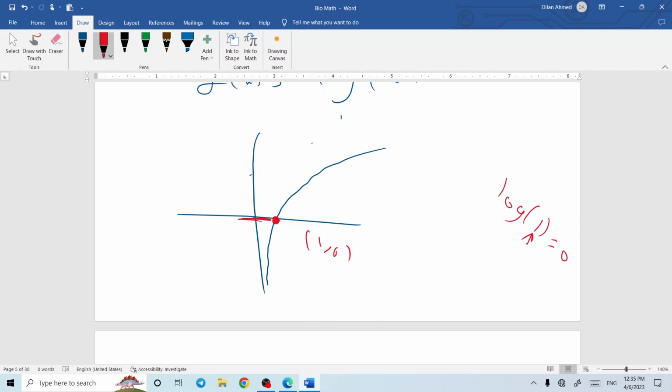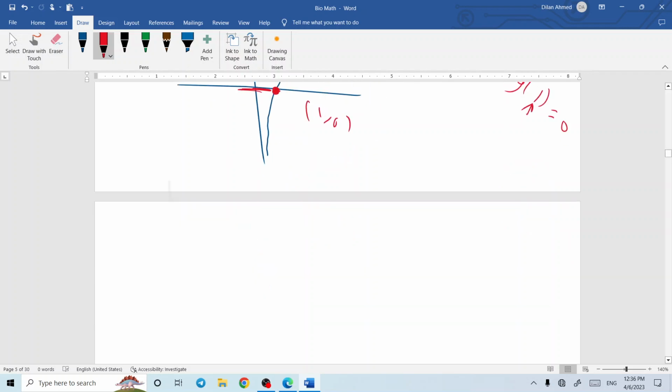Okay, so you have a calculator or mobile? Kindly find log of -2 for me and give me the result. Let me see. You know how to use it or not? Log of -2.